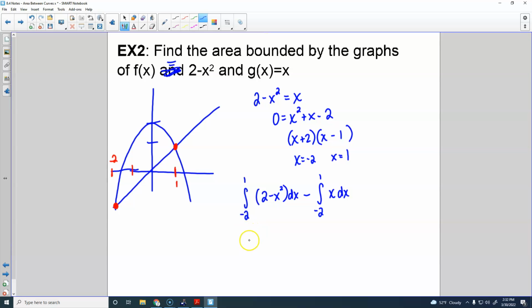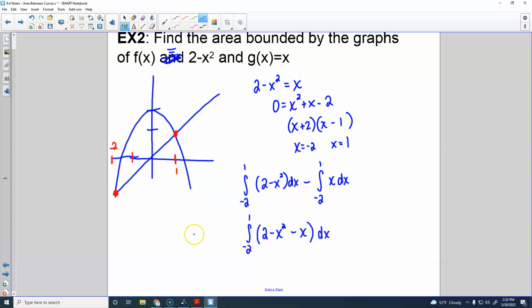On the next problem, I'm probably just going to write them together from the beginning, but I want you to think about those separately here. So this is just going to be 2 minus x squared minus the x there, if I combine those, which I can do because they have the same limits.